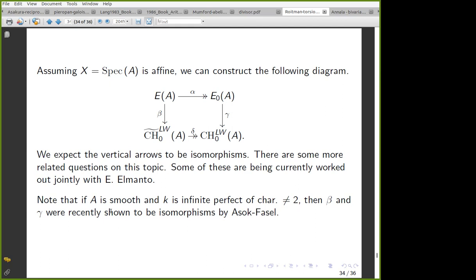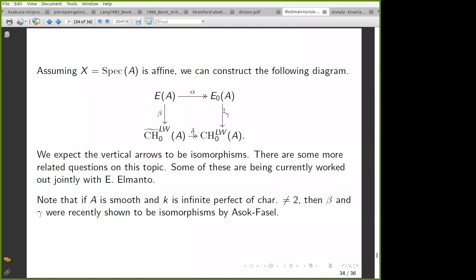Note that if A is smooth and K is infinite perfect of characteristic not equal to 2, then there is a recent result of Asok and Fasel which says that beta and alpha, namely the vertical maps, are indeed isomorphisms.